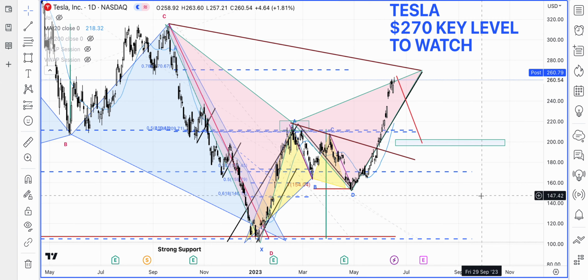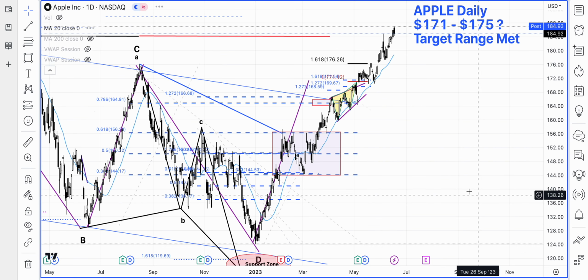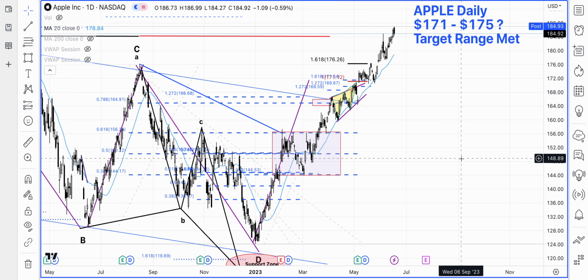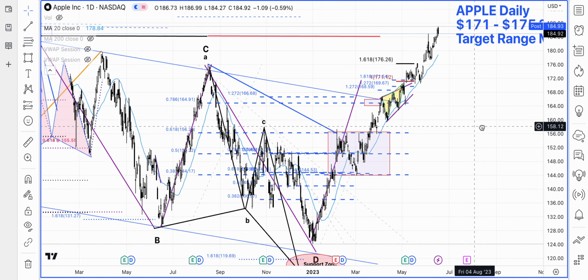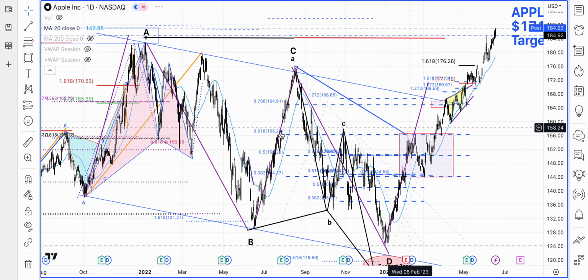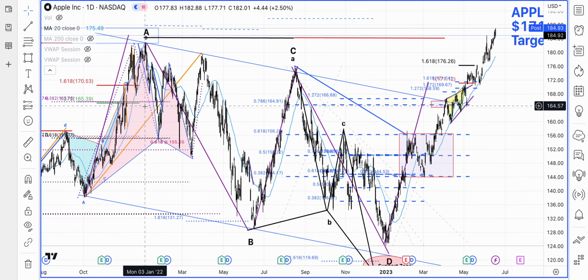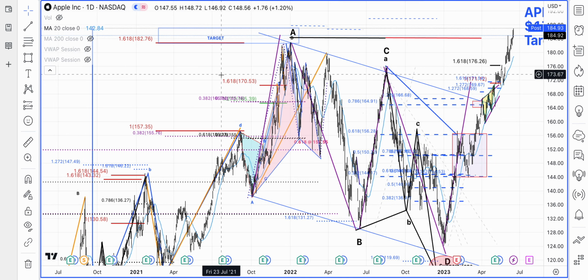Let's take a look at the Apple stock. Apple actually met our target range of $171 to $175 per share level, and in fact it has exceeded that. What it has done is it has taken the highs of the 4th of January 2022 and made a new all-time high.